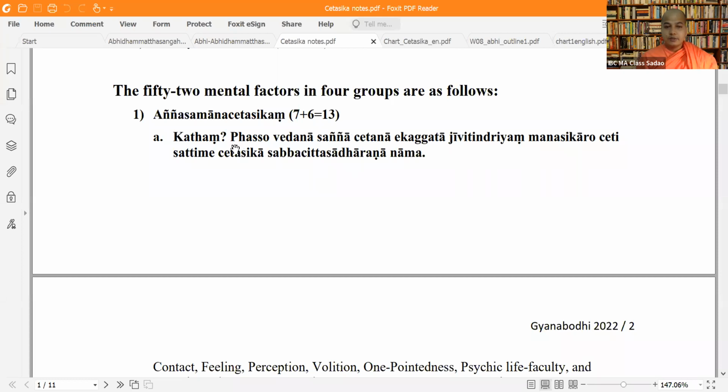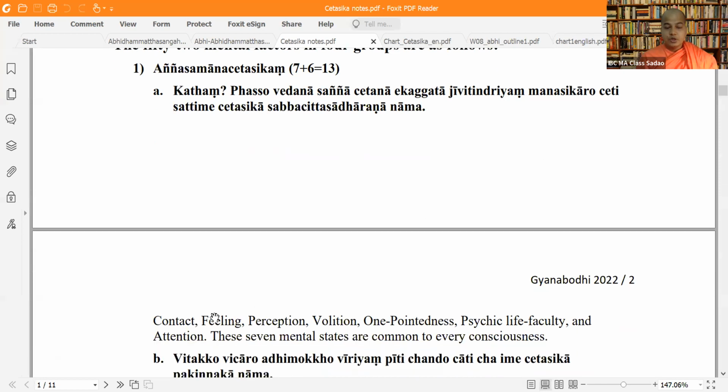So here you have 7. Phassa is contact, Vedana feeling, Sanya perception, Chetana volition, Ekagata one-pointedness, Jivitendriya the psychic life faculty, and Manasikara attention.